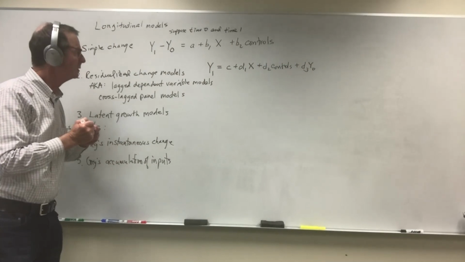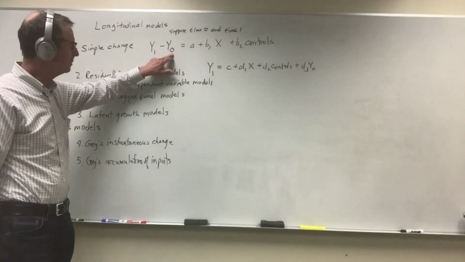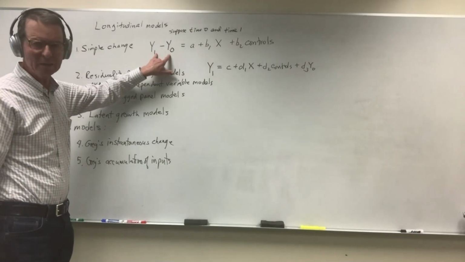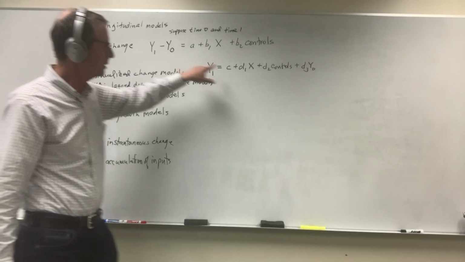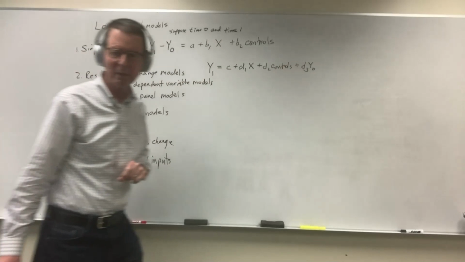In other words, y0 was on the left-hand side in the first model, and we've just taken that y0 and moved it over to the right-hand side.